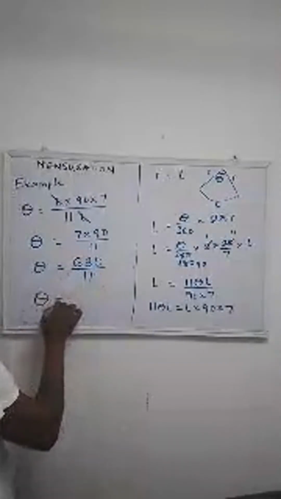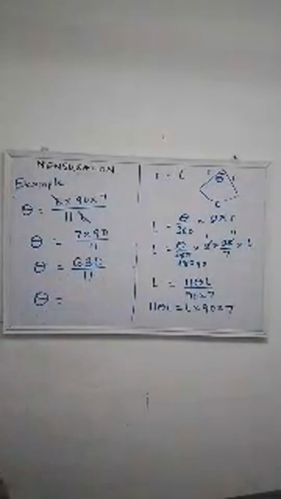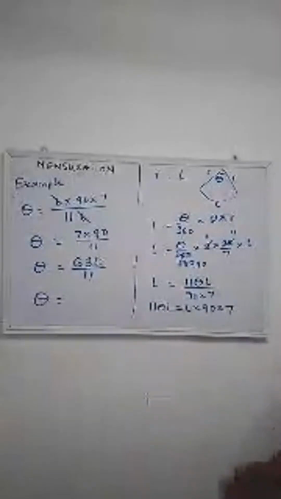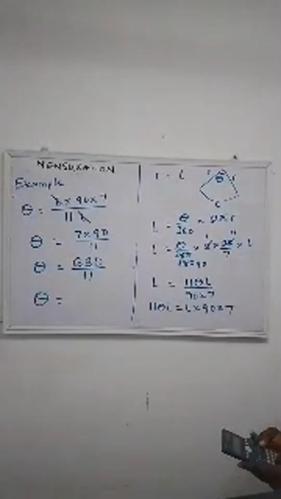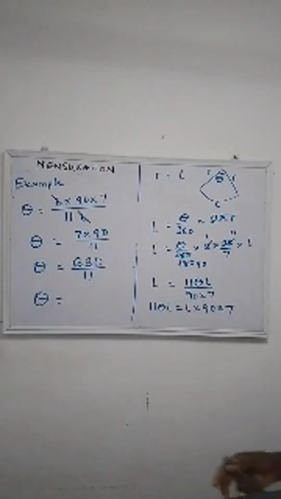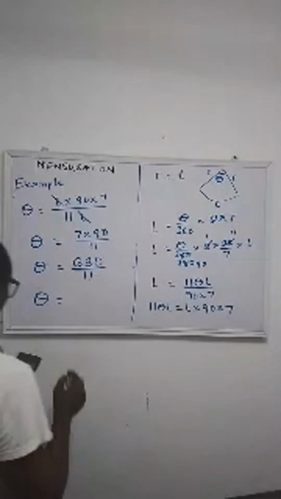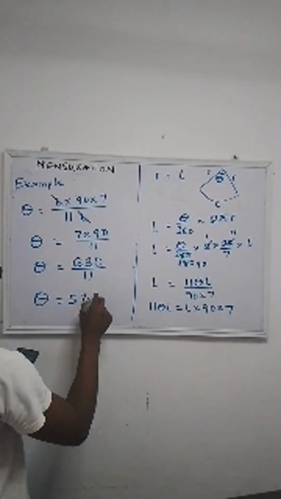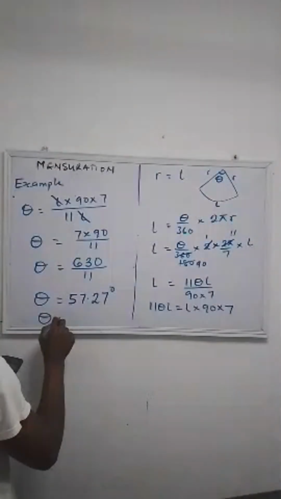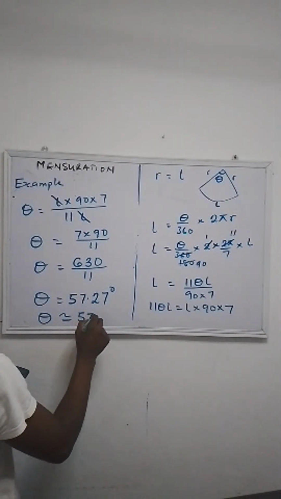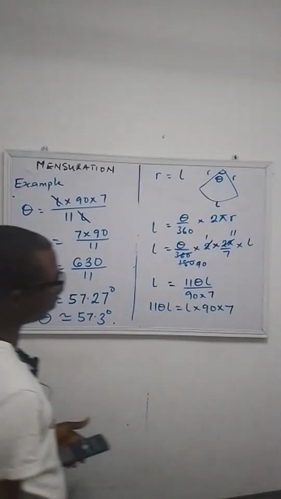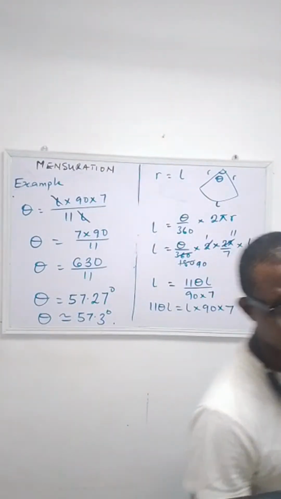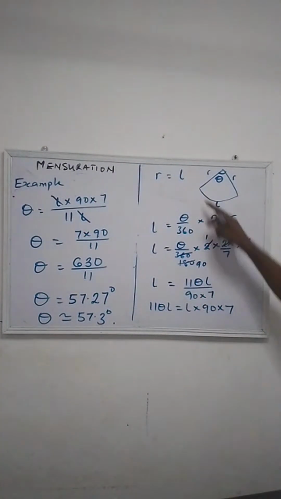So what do we have when we divide that? When you divide that, you are going to have approximately 57.3 degrees. So that is going to be the angle subtended at the center of the circle by this arc.